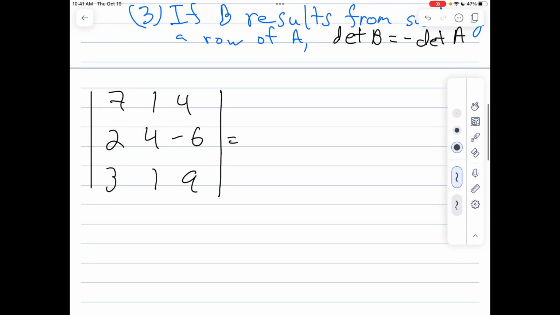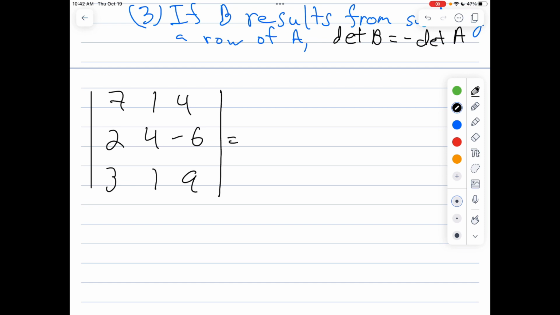So we've got the determinant of 7, 1, 4, 2, 4, negative 6, and 3, 1, 9. Notice that you have a multiple of 2 in the second row. Sorry, that means every entry there is a multiple of 2.